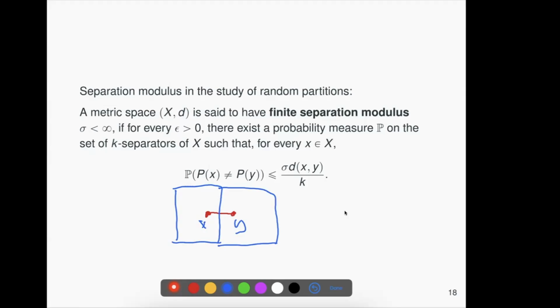To be strongly hyperfinite, you just want a uniform choice of k such that you have a random k separator, where the chance that you fall on the separator is bounded by epsilon. In this separation modulus, you wanted this probability to be sigma over k. So it's a stronger, quantitative version of the previous notion.